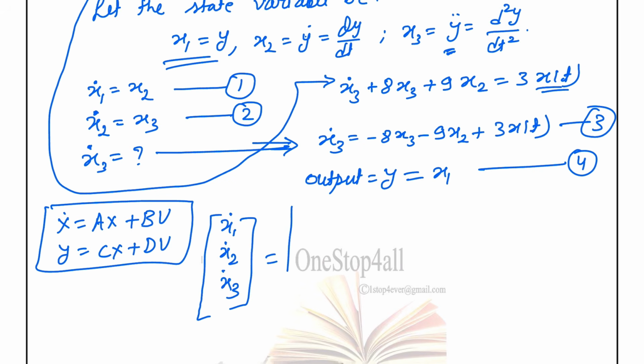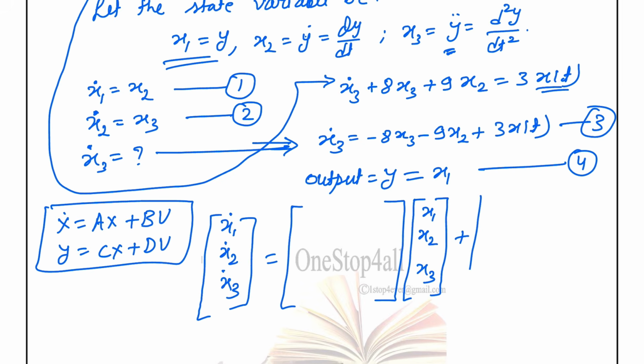This will be equal to A matrix, times the state variables x1, x2 and x3, plus the B matrix, and the U matrix is simply x of t.